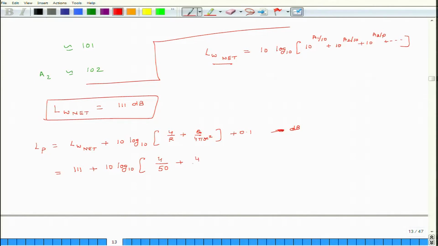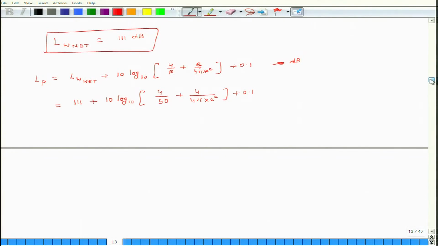So, I will put 4 by 4 pi r square, and r square is 2 square, plus 0.1. If you do all the math, you end up getting 103.1 decibels. So, that is what we get.